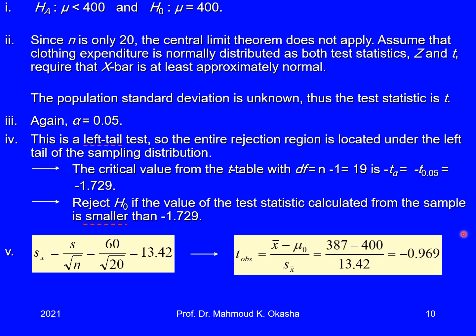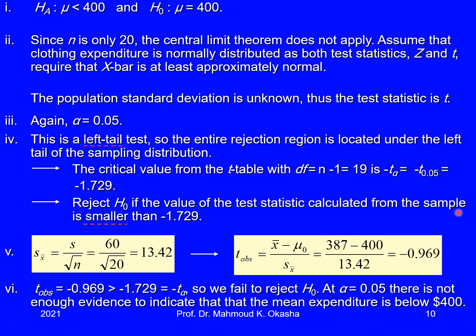Then the observed t will be x bar minus mu naught over the standard error, which is 387 minus 400 over 13.42, and the result is minus 0.969.